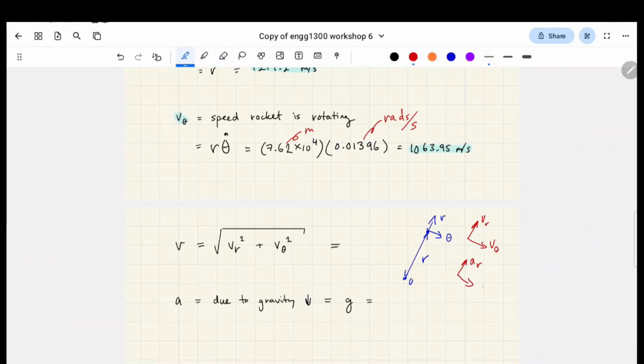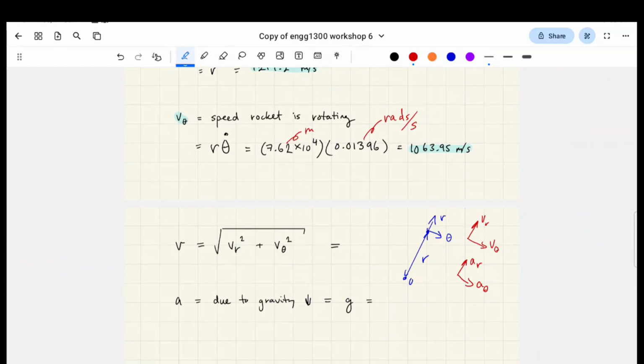Same for AR and A theta. I guess the useful thing about polar coordinates is that the displacement, the velocity and the acceleration are all going with the same grid system.